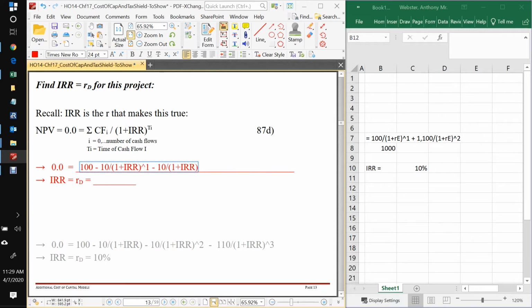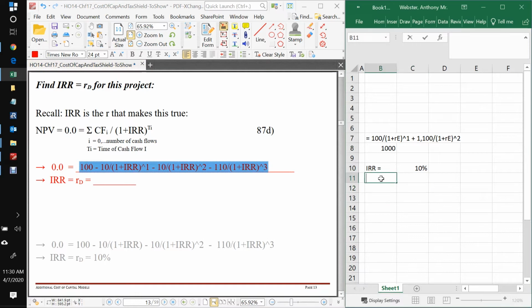I need to discount this payment back by 2 years, so that's going to be raised to the 2. And then finally, our third interest payment and principal gets paid back. So the total there is 110, and I need to discount that back by 3 years. Okay, let's see, does that look good? Looks good. I think it's okay. Let's bring it over into Excel and see what we've got.